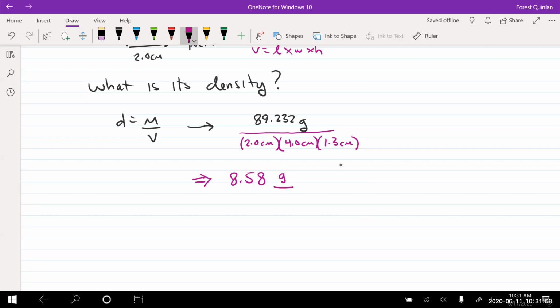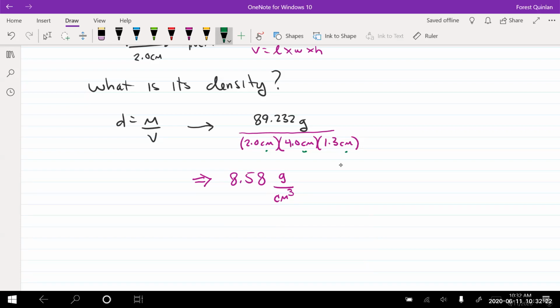Milliliters? It's not mils. What is it? Centimeters cubed? There we go. Now, while they are interchangeable, we did do this in centimeters cubed, so we should keep it in centimeters cubed. Right? Because a centimeter times a centimeter times a centimeter is a centimeter cubed.